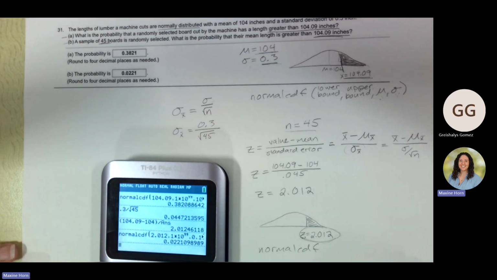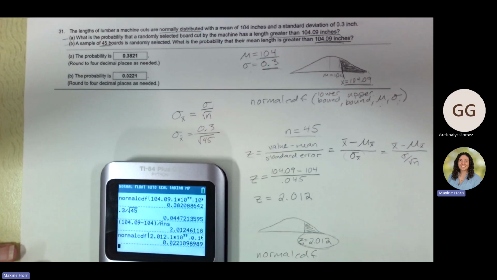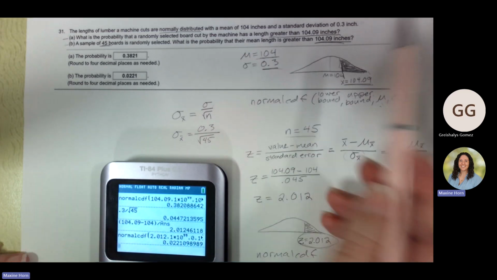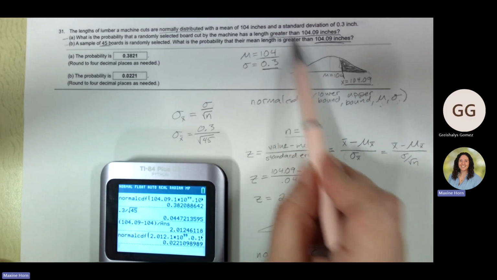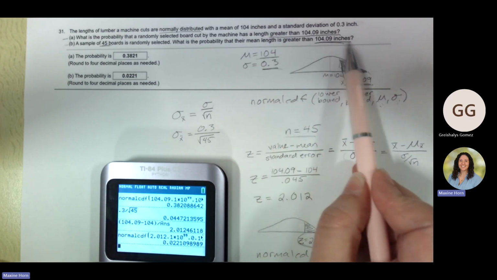So this is a great problem for several reasons. It's got a lot of information packed into just one problem, right? It's asking you to remember a lot of things, and it's forcing you to really make sure that you understand the difference between these two things that it's asked. You might look at this and say, what's really the difference here? We're both saying greater than 104.09.